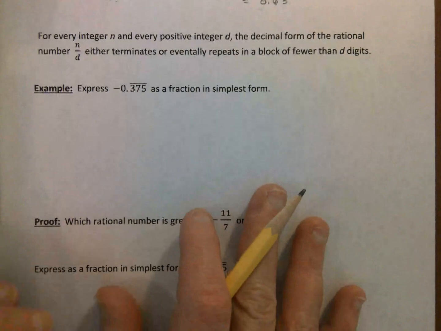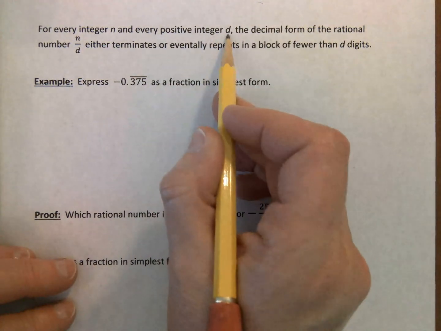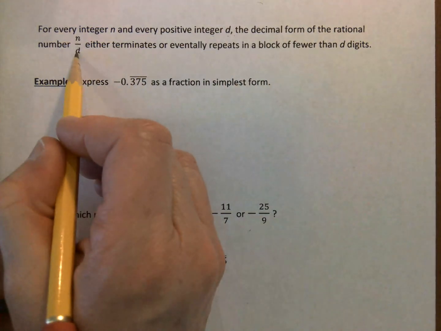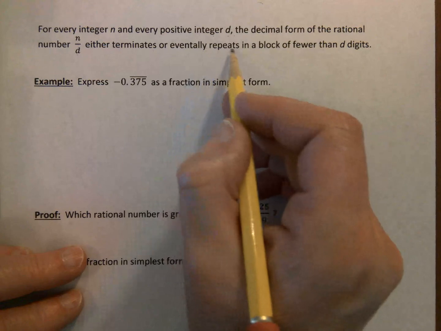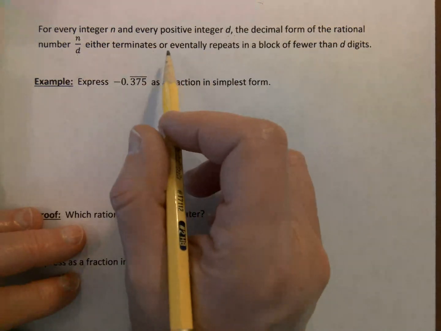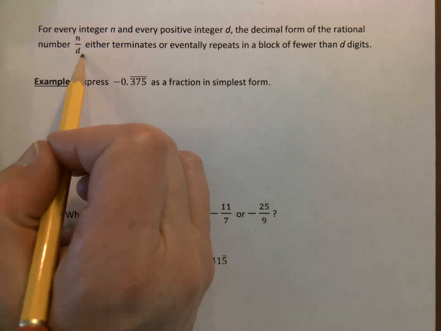So for every integer n and every positive integer d, the decimal form of the rational number n over d either terminates or eventually repeats in a block of fewer than d digits. So basically what that says is if I have a rational number, I can write it as a decimal.